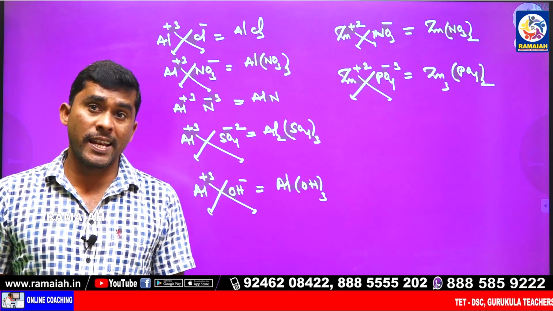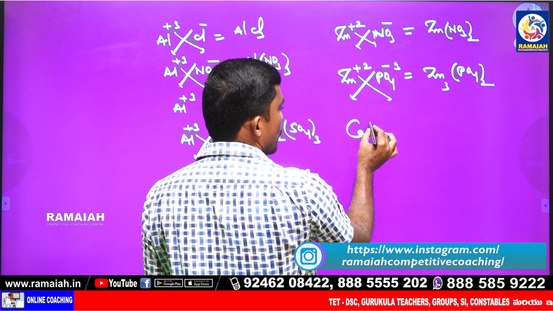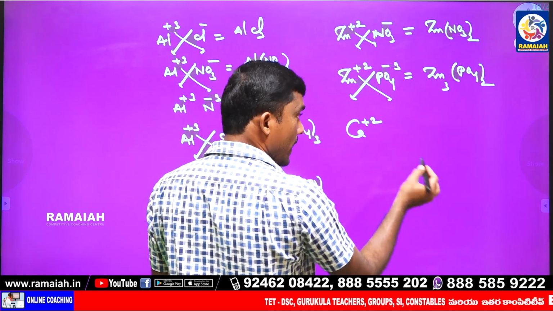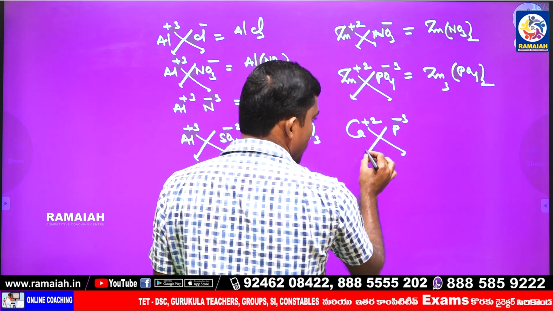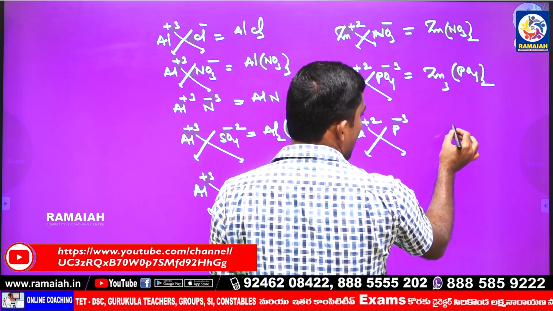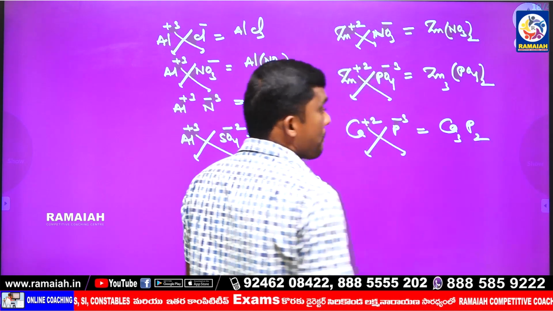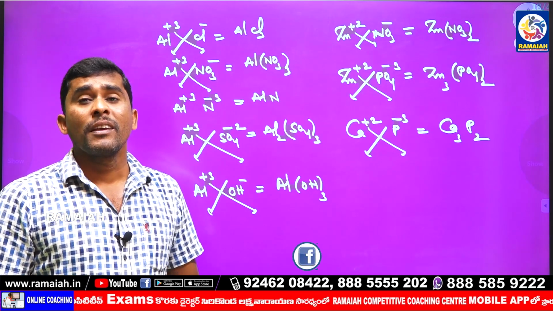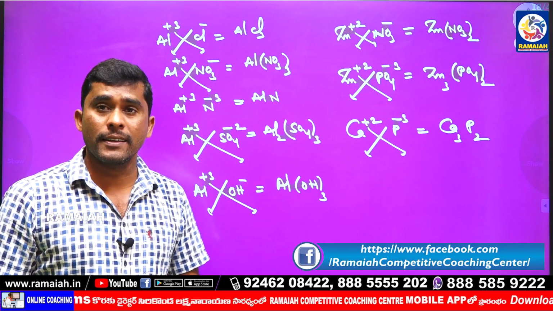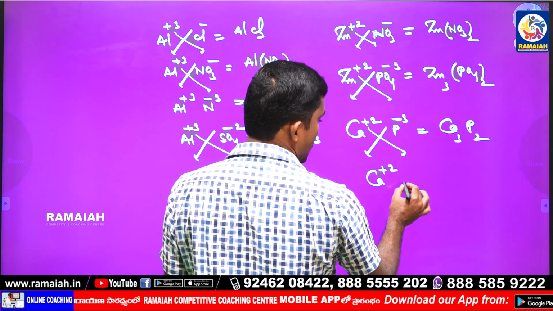Calcium phosphide. Calcium means Ca plus 2. Phosphide is P minus 3. Then the formula is Ca3P2, calcium phosphide. Okay. Calcium chloride. Calcium means Ca plus 2. Chloride means Cl minus.